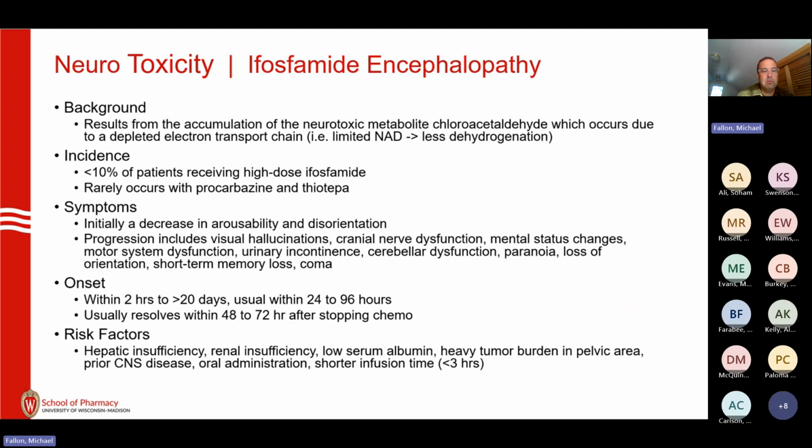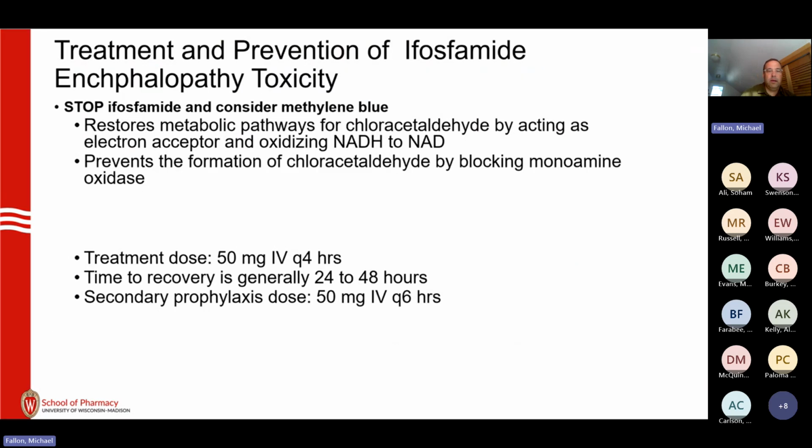So to treat this, you would stop the infusion immediately. And we restore the metabolic pathway for chloroacetaldehyde. So it's an electron transport mechanism issue.